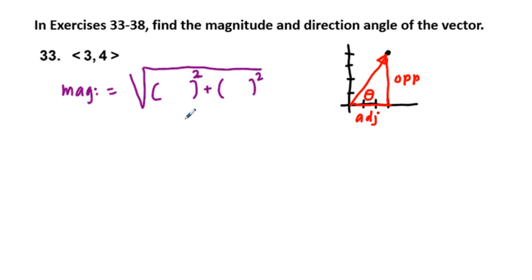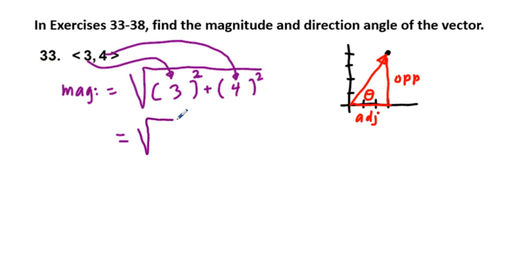So we take this x-coordinate here, this 3, and plunk it right here, and this y-coordinate 4, plunk it right in here. And so when we work this out, we get 3 squared, which is 9, and 4 squared, which is 16. So 9 plus 16 is 25, so we have the square root of 25, which equals 5. So that's our magnitude.